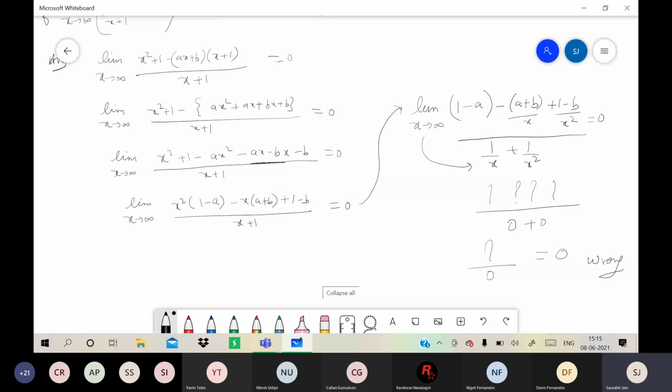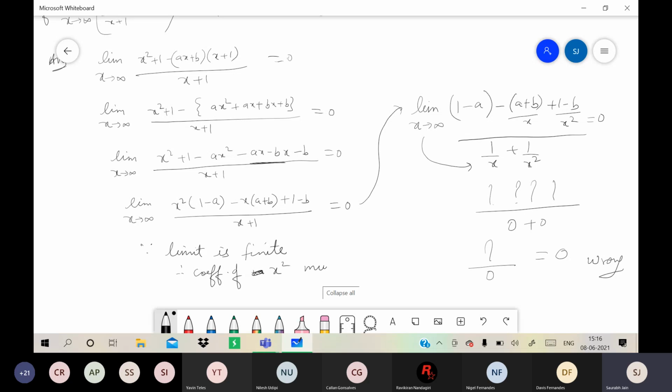Because you will not get 0 here, what you will get is actually infinity, and they want you to get 0. So what is the first thing? Since limit is finite, therefore coefficient of x square must be 0.